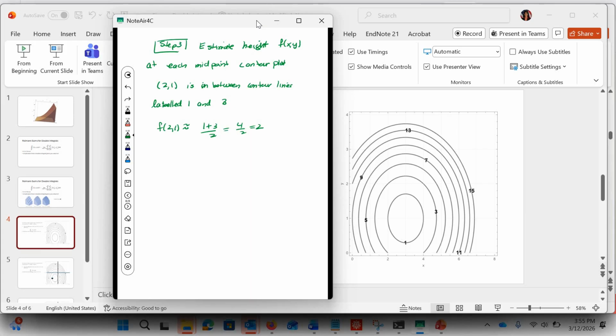That's nice. All right, take forwards and get the other midpoints, the other heights.